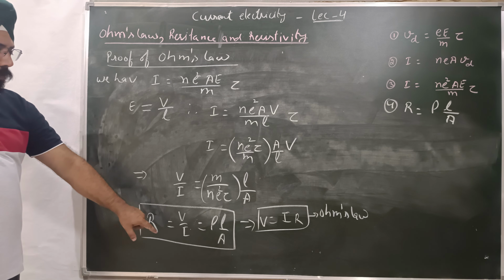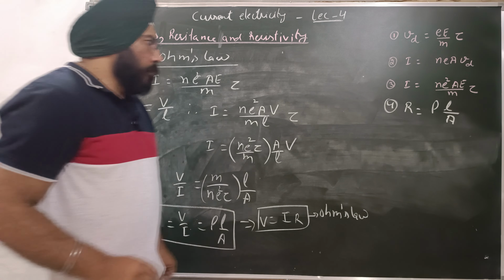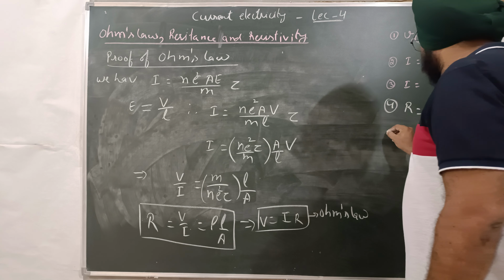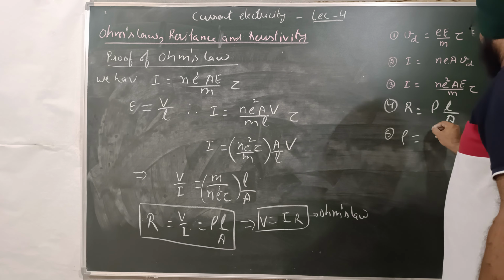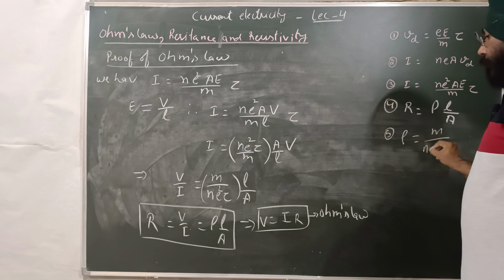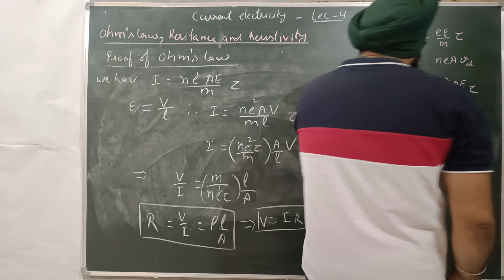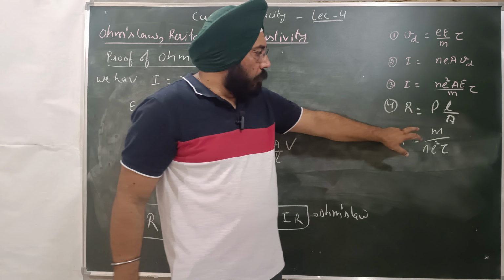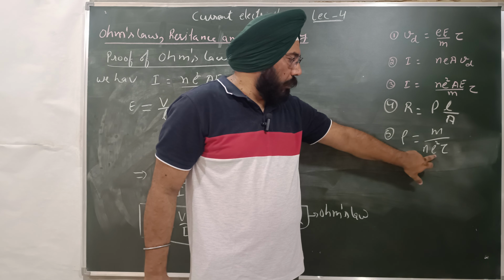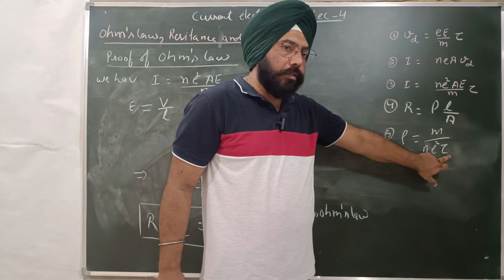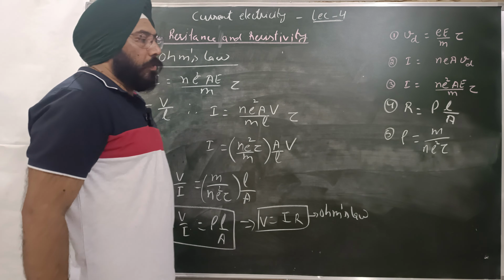Now from here we have got one or two other things. We have got resistivity is equal to m over n e square tau. Look at these terms now. m is the mass of the charge, e is the charge, tau is the relaxation time, and n is the charge density, or number of charges per unit volume.